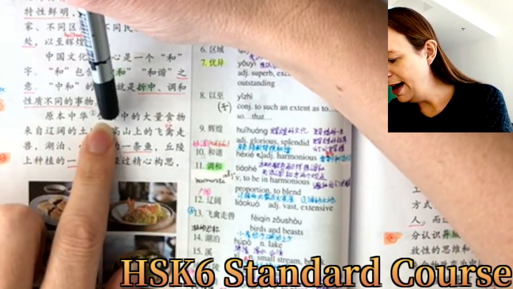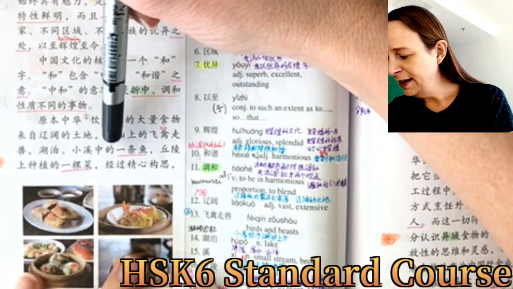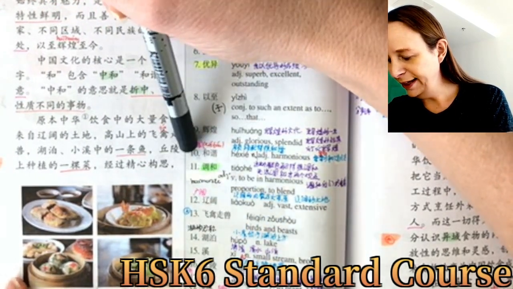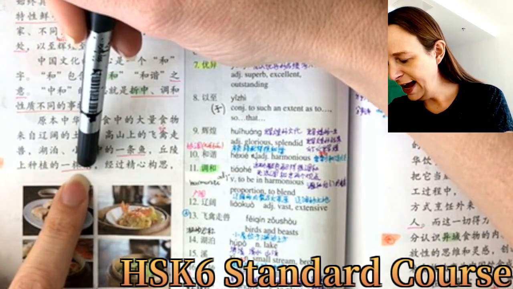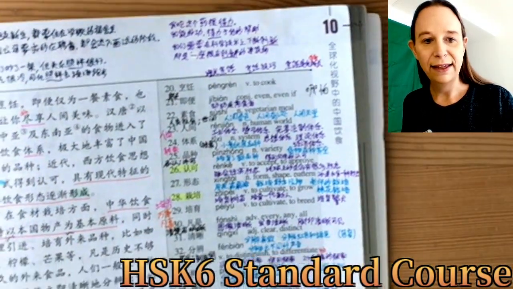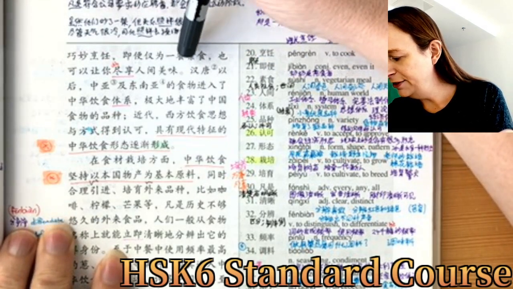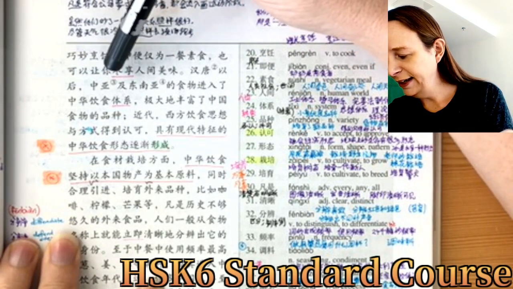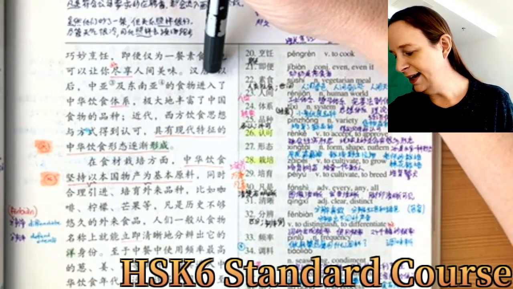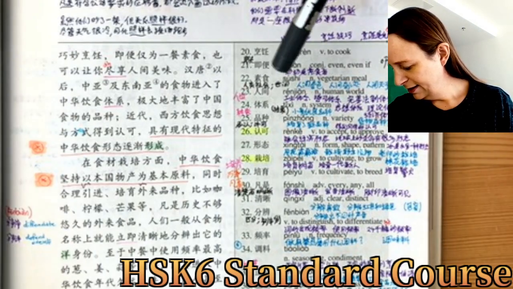原本中华饮食中的大量食物来自辽阔的土地，高山上的飞禽走兽，湖泊小溪中的一条鱼，丘陵上种植的一棵菜，经过精心构思，巧妙烹饪，即便仅为一餐素食，也可以让你尽享人间美味。汉唐 presumably refers to the Han and Tang dynasties.